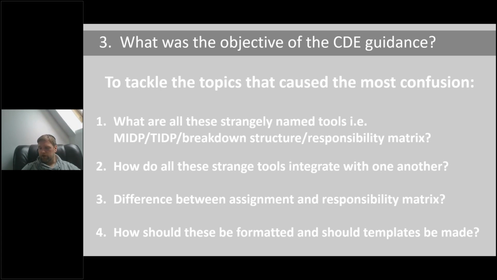It wasn't invented by PAS 1192 or ISO 19650. It's been around for decades, but just didn't have the name Master Information Delivery Plan. That's where the standards came in and gave it a standardized name and a standardized approach. So many organizations have misunderstood and gone in a new direction of creating a new tool with these new standards and giving it a standardized name rather than just enhancing what they already had in place, resulting in duplicate processes and efforts.